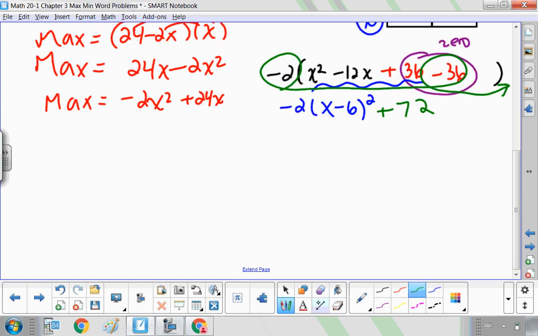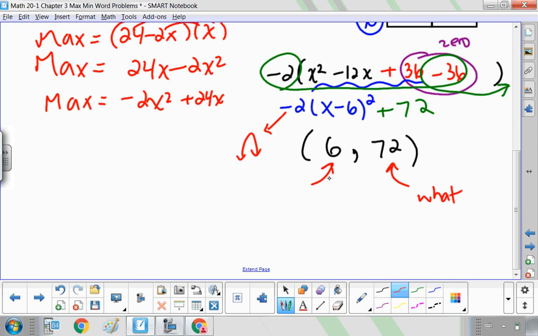Now that I've completed the square, let's state our vertex. Opposite on the inside, straight up on the outside. Because my leading coefficient is negative, I have a parabola that opens down, which means it does in fact have a max. So this is what my max is. This is when my max is.